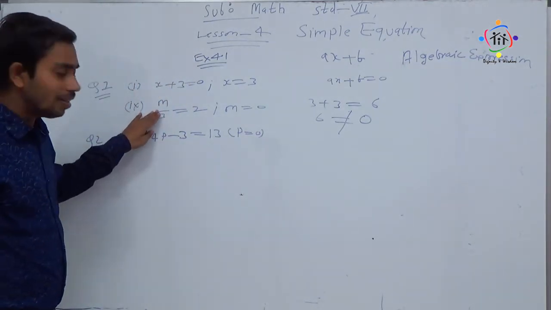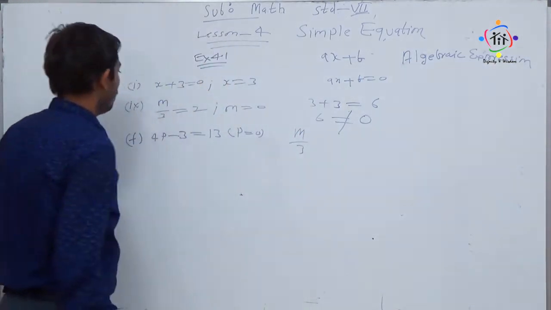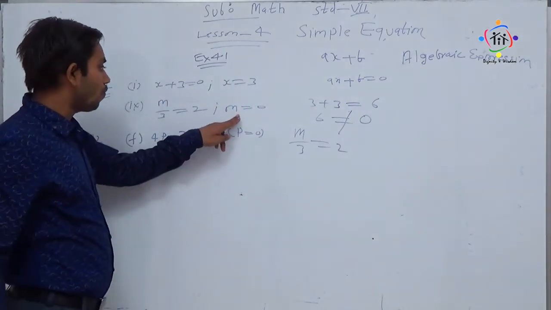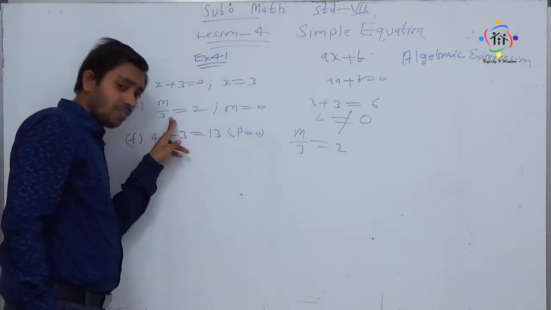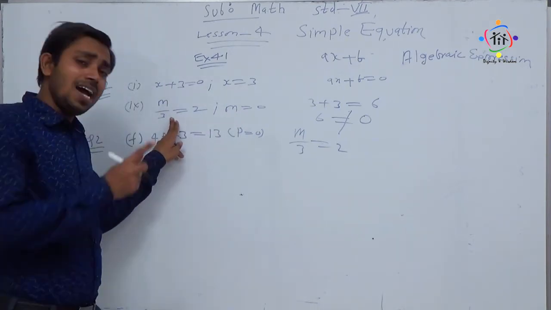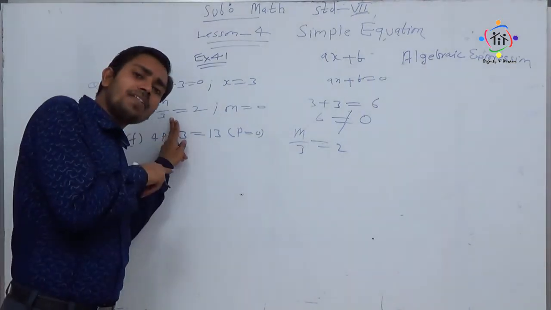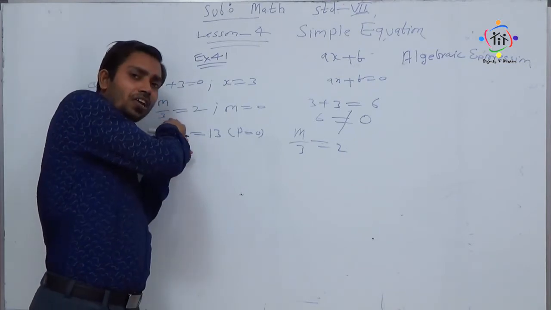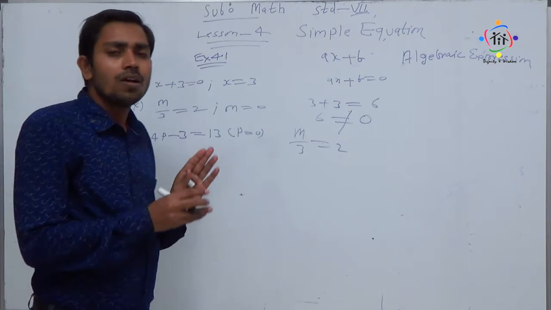Similarly, for the ninth one, m by 3 is equal to 2 is given. Against that, we have to put the value m is equal to 0 and check whether it satisfies this equation or whether it is a solution of the given equation. How will we come to know, my dear students?